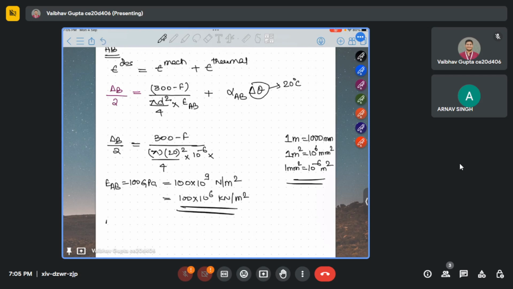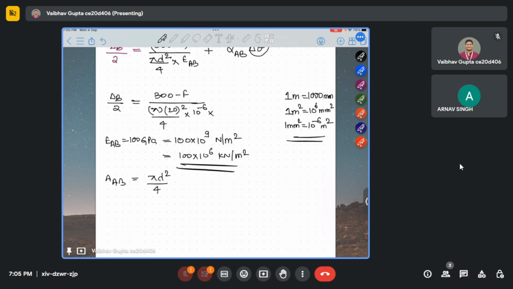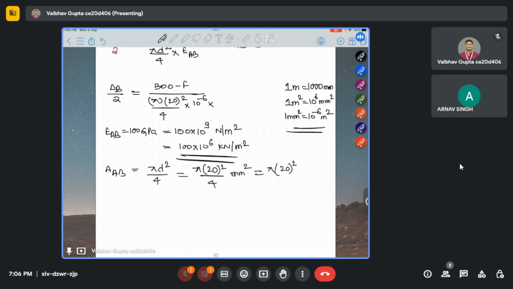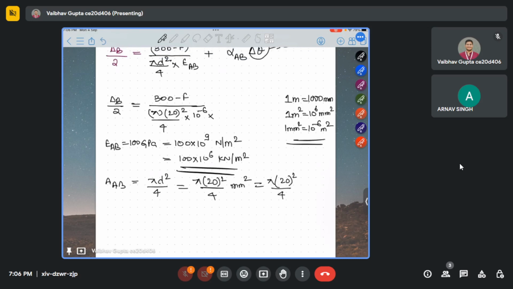I will write the area AB also. Area AB is pi d square by 4, which is pi into 20 square by 4 mm square, because diameter is in mm, which is pi into 20 square by 4 into 10 to the power minus 6 meter square. You should be consistent with units, and force is already given in kilonewton.